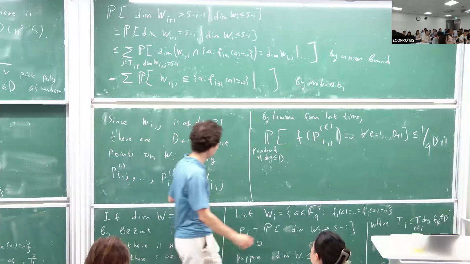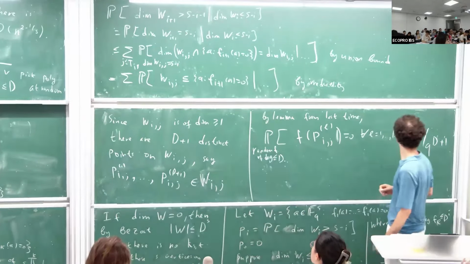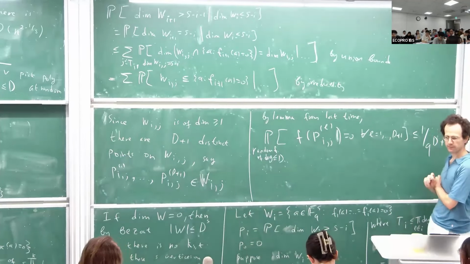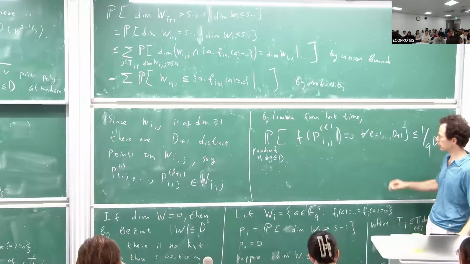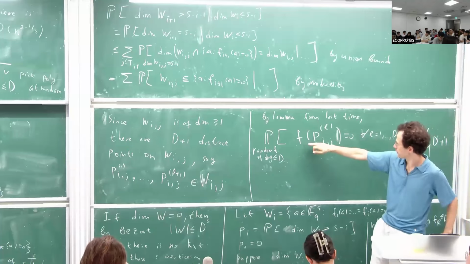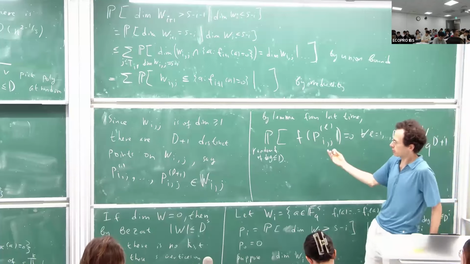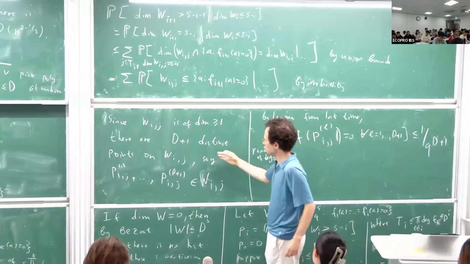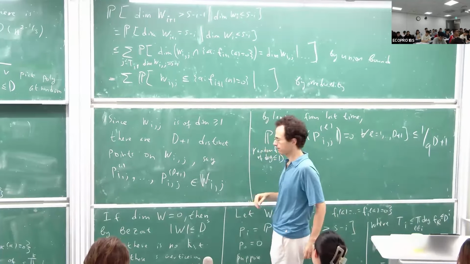Okay. So the probability is very small. The probability that f will vanish on all of these points is small, and of course this upper bounds the probability that f will vanish on this component.